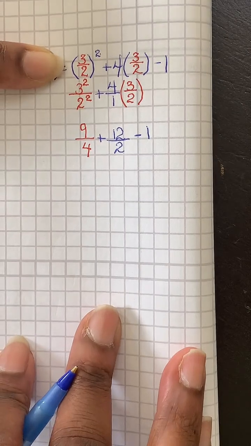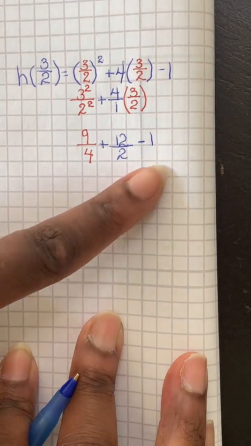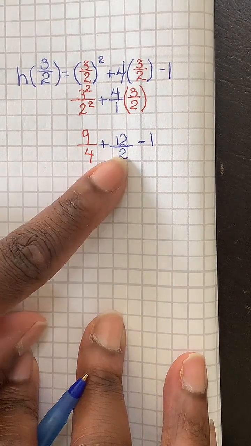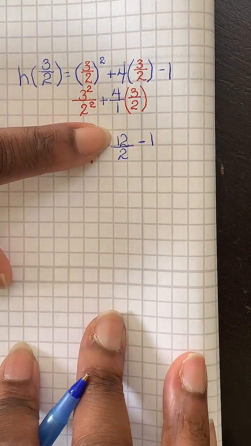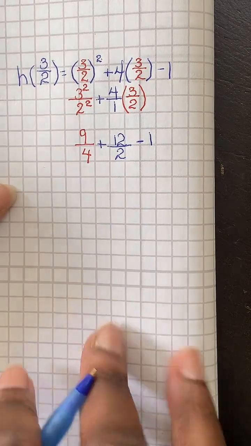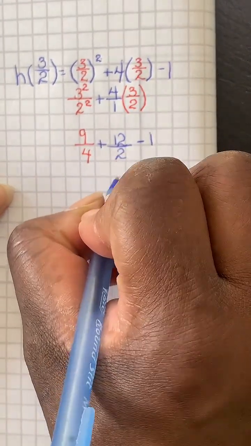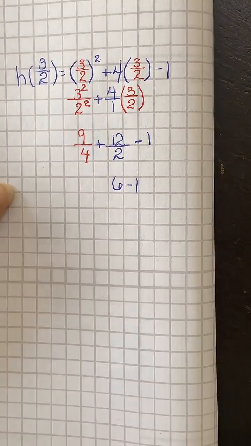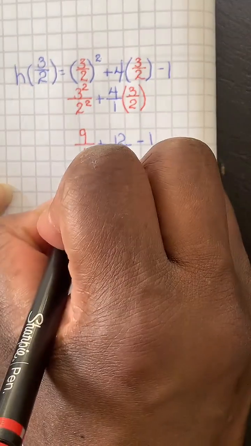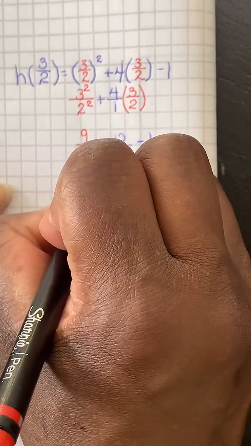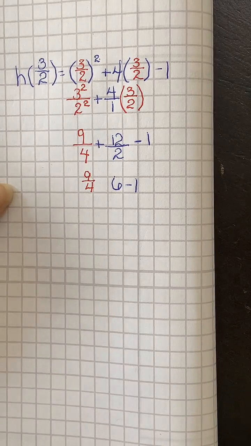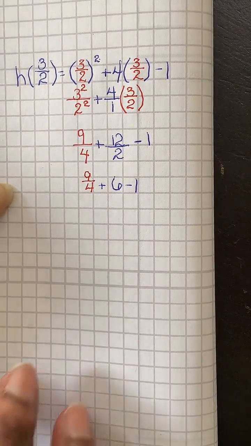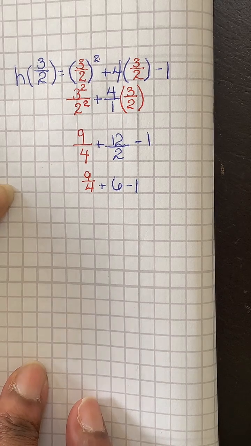Now, here's the thing. When you're dealing with fractions, we need to have a common denominator. And yes, I can do 12 divided by 2, which will give me 6. But I still need a common denominator. Or if you want to make it into a decimal, you can.